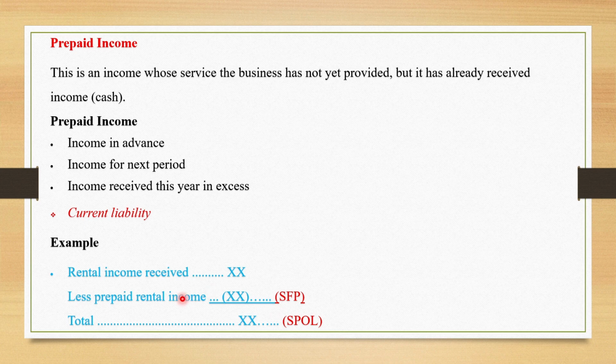I will repeat, the prepaid income is recorded in the current liabilities, and we also deduct that prepaid income from the income that has been received for the year, in order to get what we record in the statement of profit or loss.